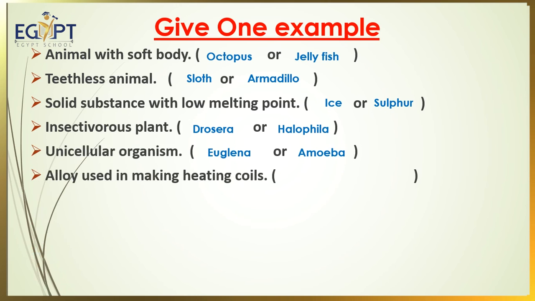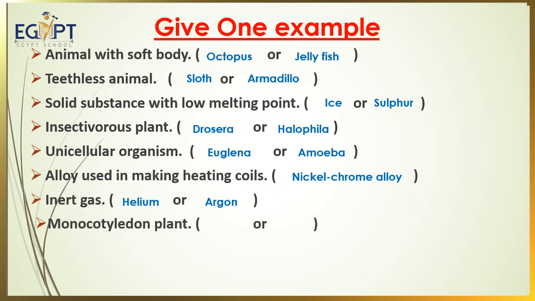You have to write one example only. Alloy used in making heating coils: nickel chrome alloy. Inert gas: as you know, we have many inert gases like helium, argon, neon, krypton, xenon, and so on.